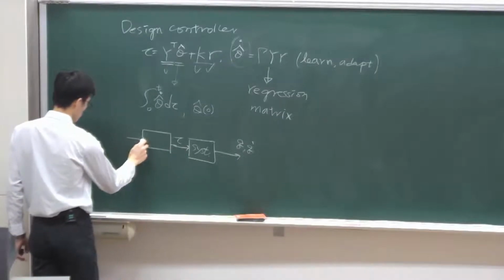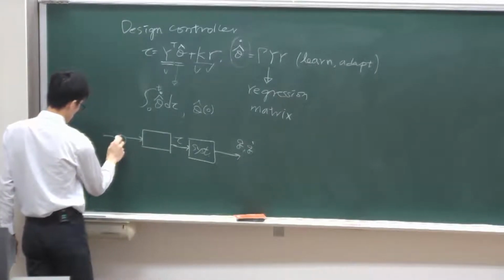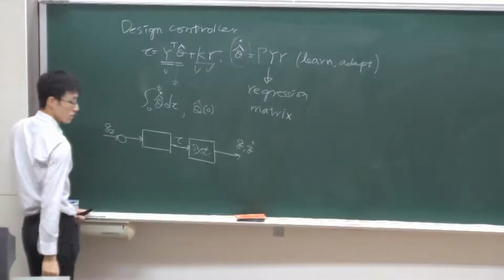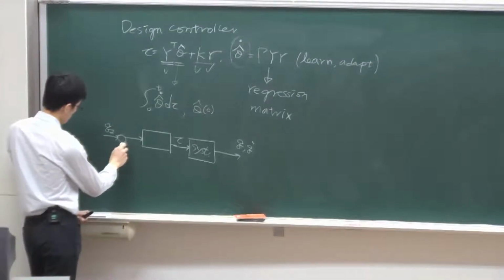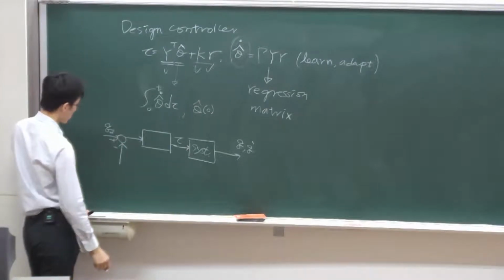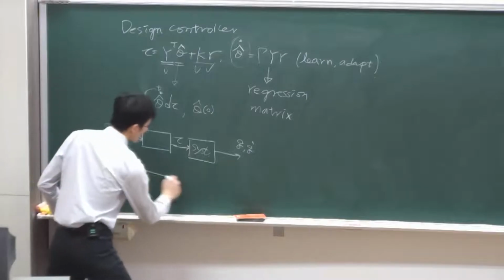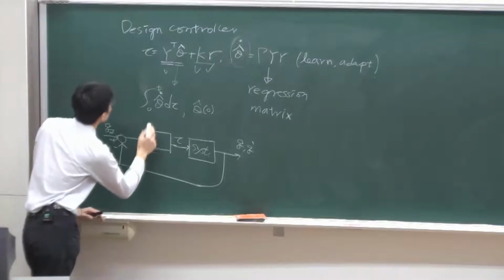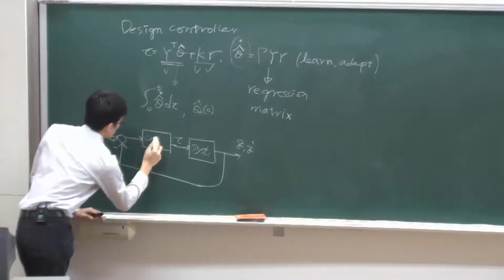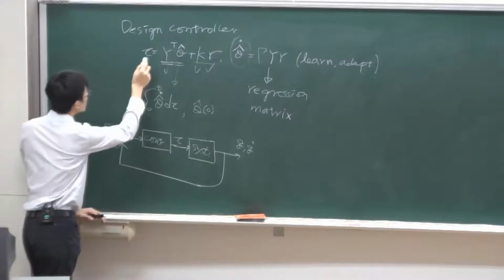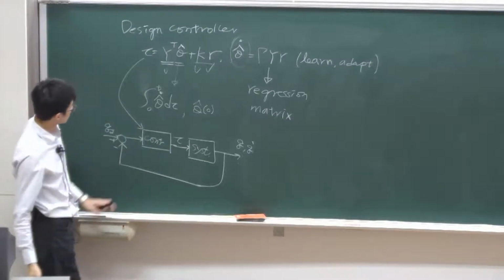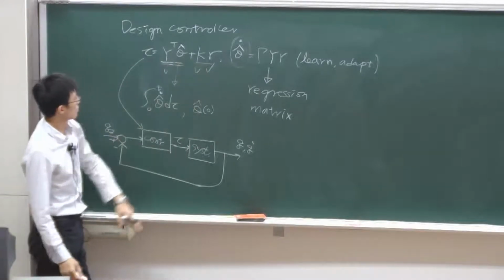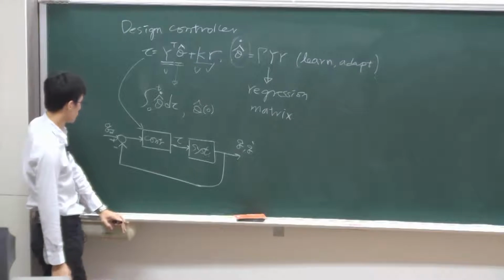It's trying to track some Q_D signal, and here's the feedback. So the way to generate this tau is to compute these two terms.